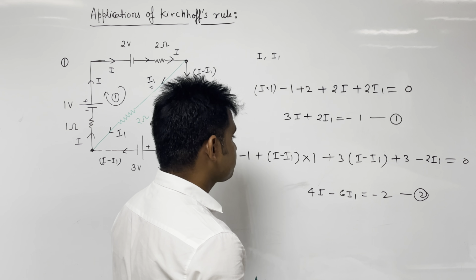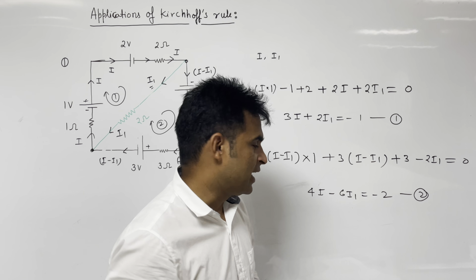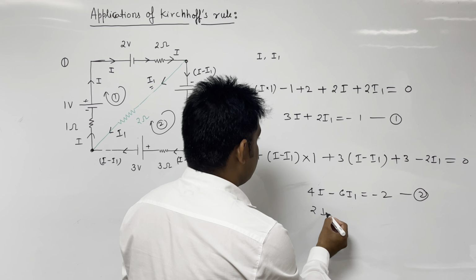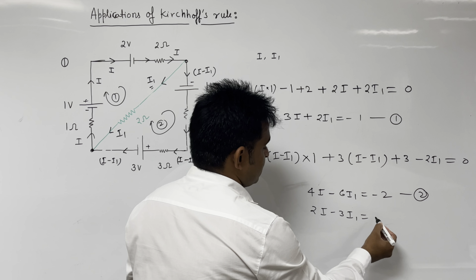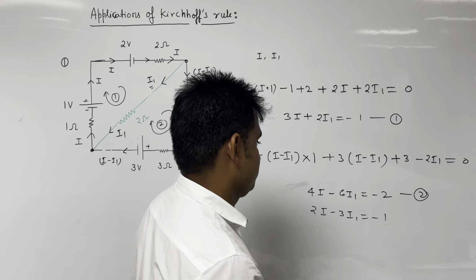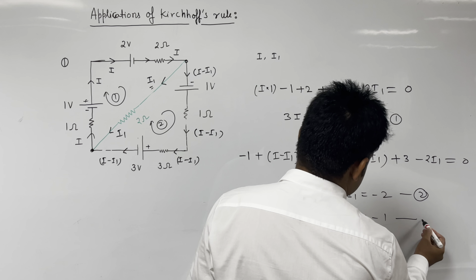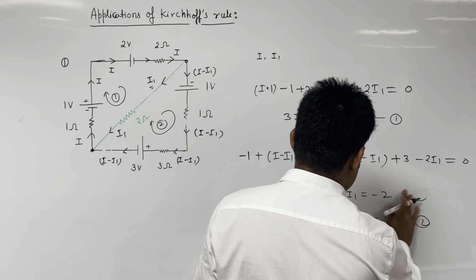It means you can solve it and you will get the answer. You will get 2I minus 3I1 is equal to minus 1. This is the second equation.